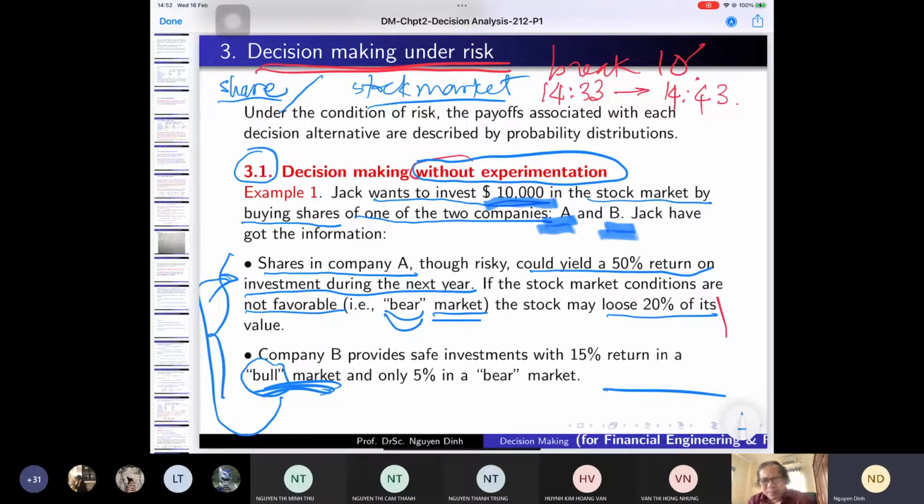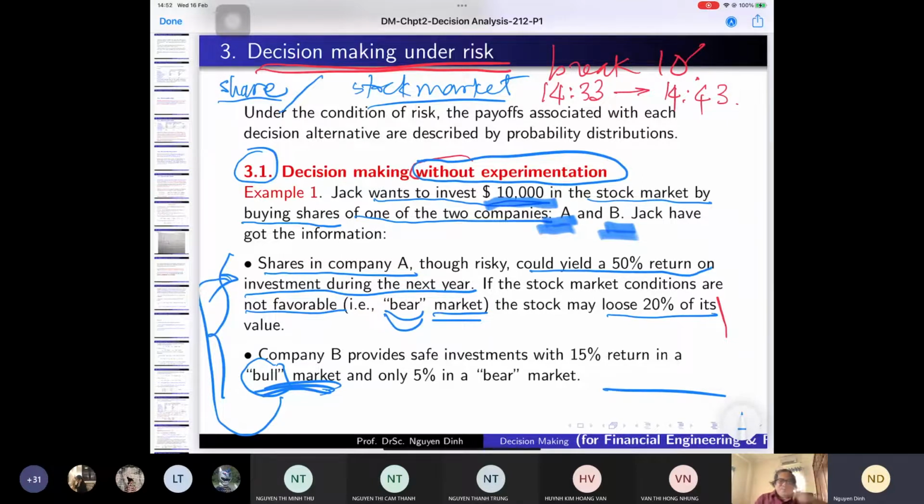But in the case the market is bear, that means not good, then you may lose 20%. Losing 20% means you invest $10,000 but at the end of the first year you lose $2,000, so you still have $8,000.